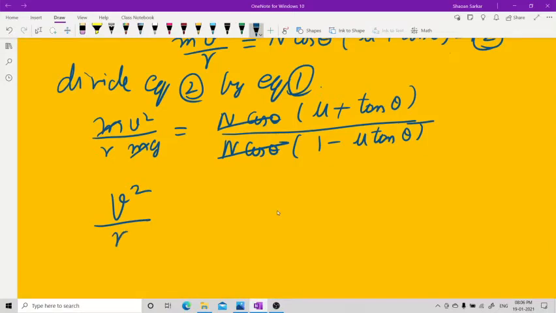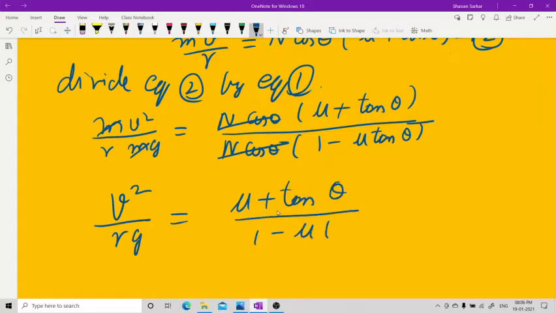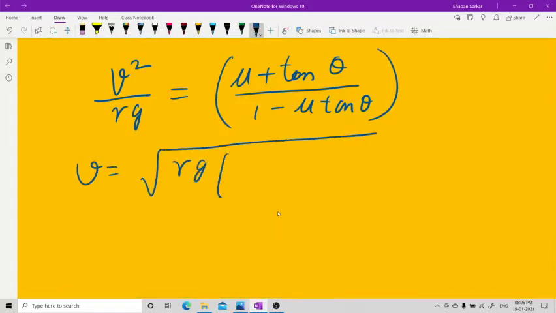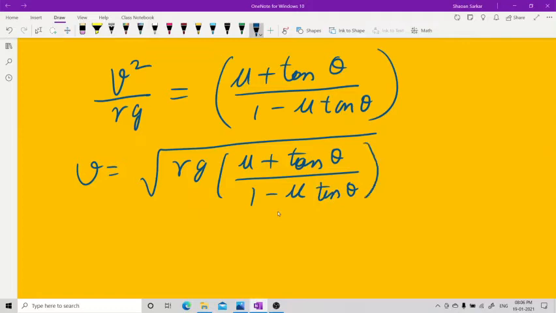V square by Rg is equal to (mu plus tan theta) upon (1 minus mu tan theta), and you cross multiply Rg to the other side. So what you get is V equal to the square root of Rg (mu plus tan theta) upon (1 minus mu tan theta). I hope you didn't have any problem understanding this.